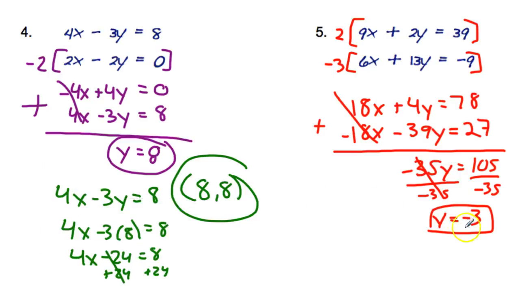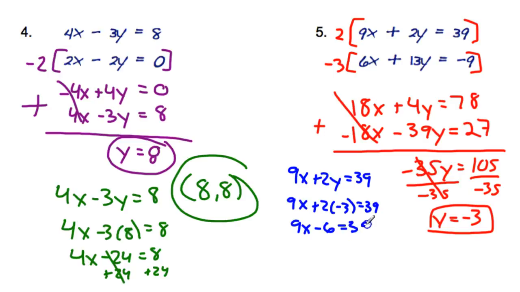So let's plug this into either of these original equations. Doesn't matter. I'll do the first one. So we have 9x plus 2y equals 39. Y is negative 3. So 9 times negative 3. Oop, that was 9x. My bad. 9x plus 2 times negative 3 equals 39. 9x, 2 times negative 3 is negative 6 equals 39.